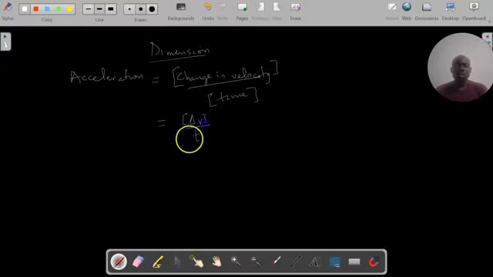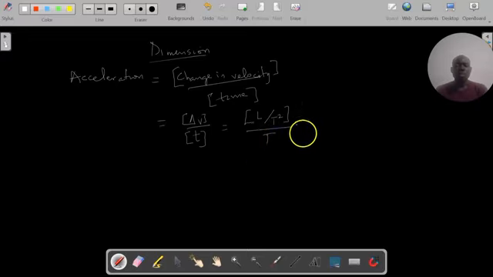Meanwhile, since velocity is meter per second in terms of the unit, the change in velocity can be represented as length per t, divided by time.